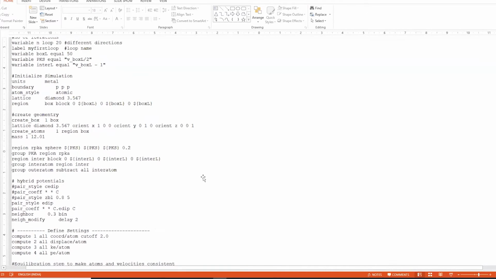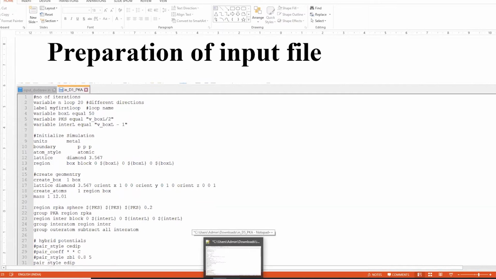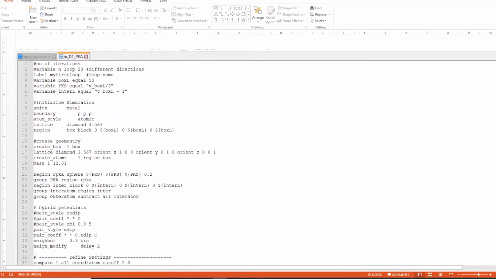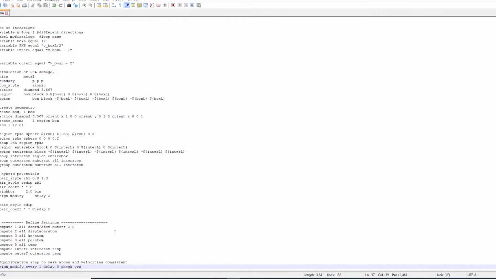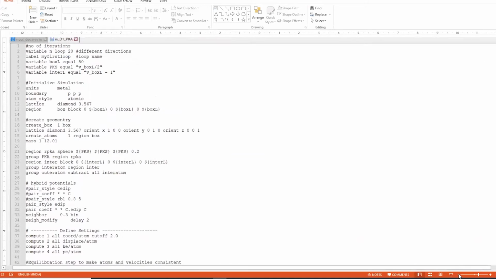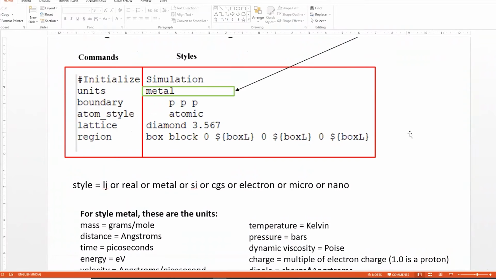Is it okay? Or should I open the text file? That would be easier to change. No, in the later slide you will find the view easily, where you can increase the view and it will be more comfortable. This is just for your information. I'll show it in the later slide. Now, is it okay? Yes.